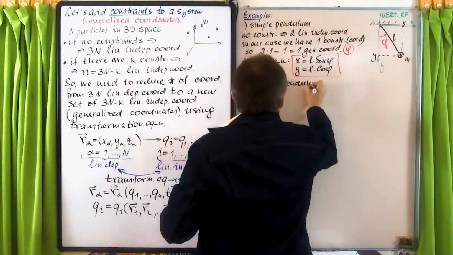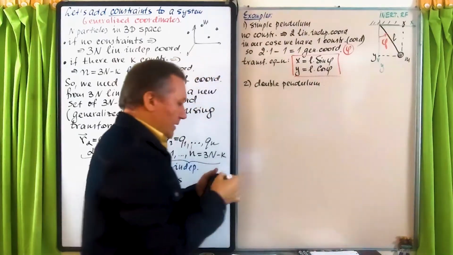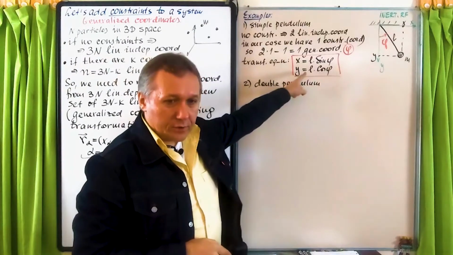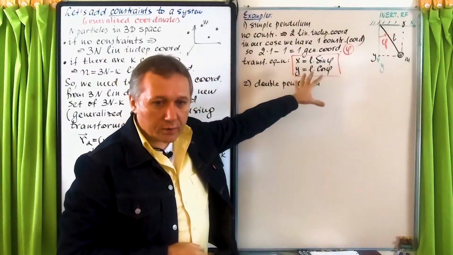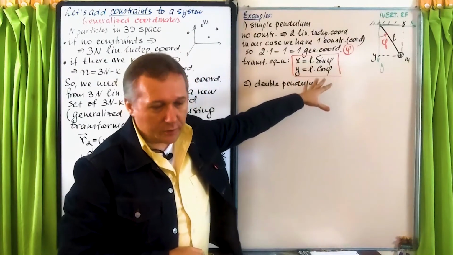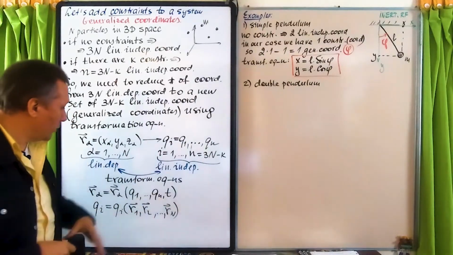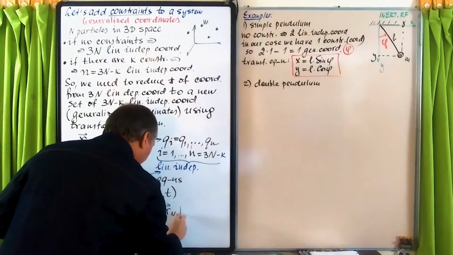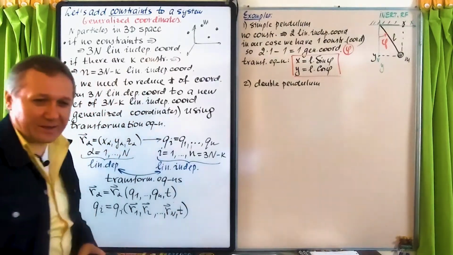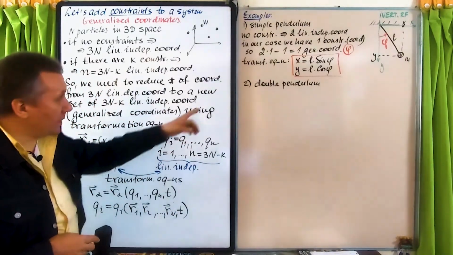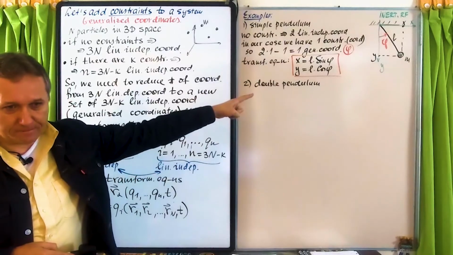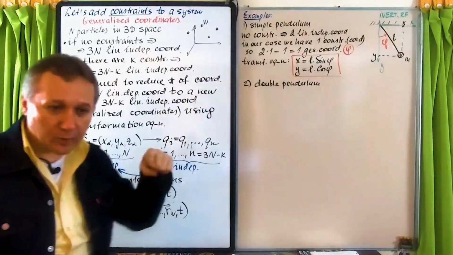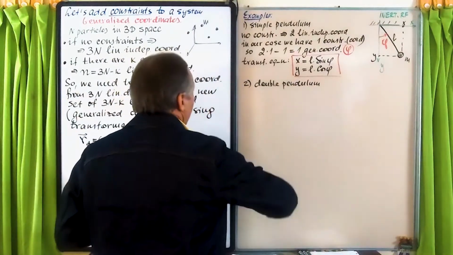Before I go into it, look, right now the transformation equations do not have time dependence, so there is no t. I should have also added t here, it's possible, but right now there is no time dependence. After this example, there will be an example with a time dependence.